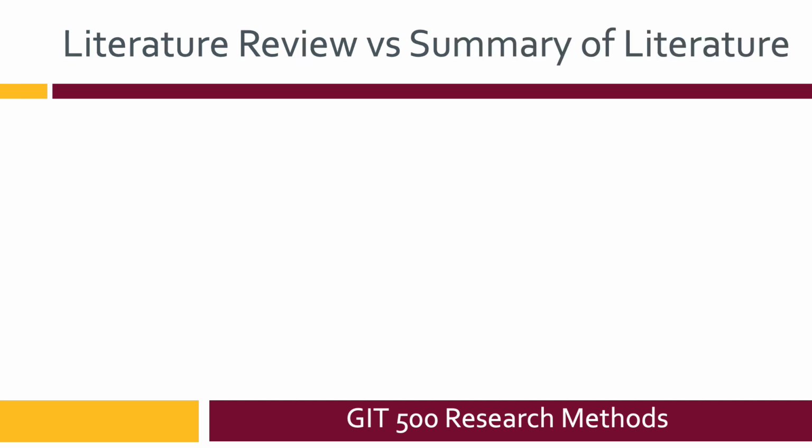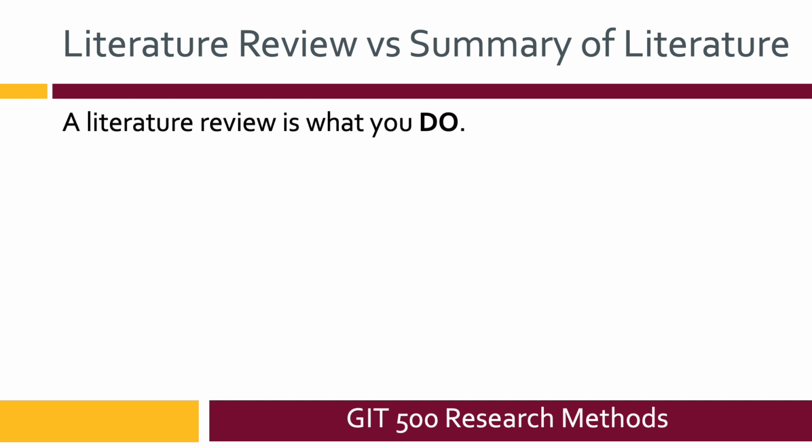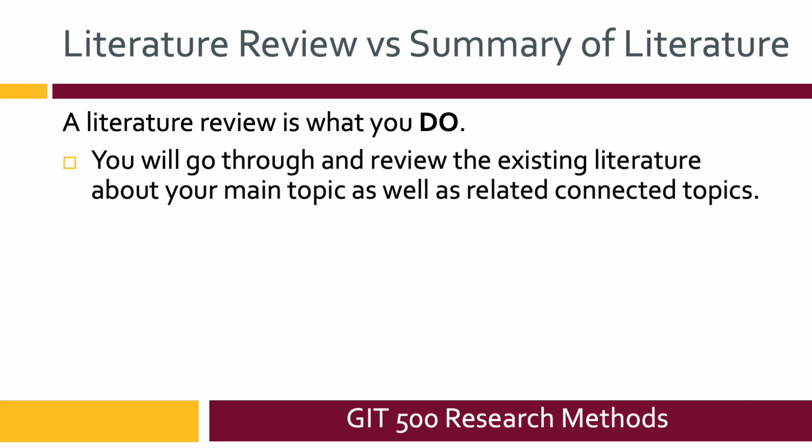There are two terms when we talk about literature reviews. You might hear literature review, and then you might also hear summary of literature. They're different things. A literature review is the action. It's what you do. You review the literature. You're physically looking at it. You go through and look at the existing literature about your main topics as well as any related subtopics.